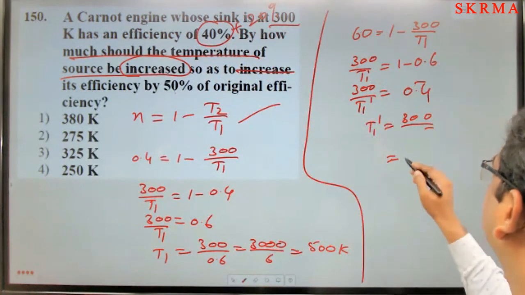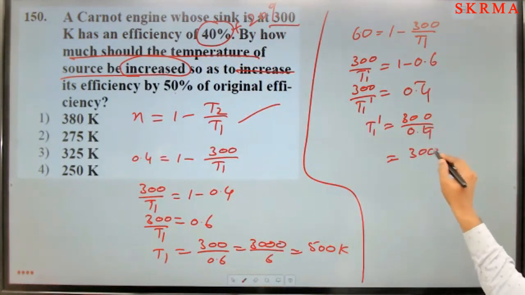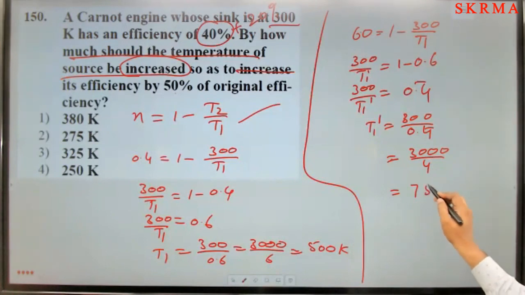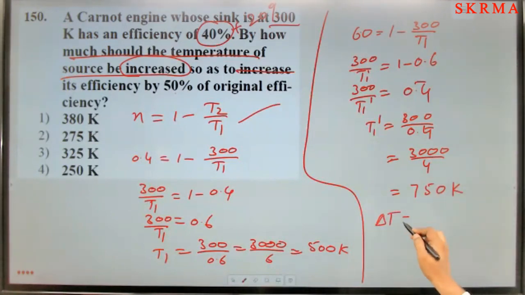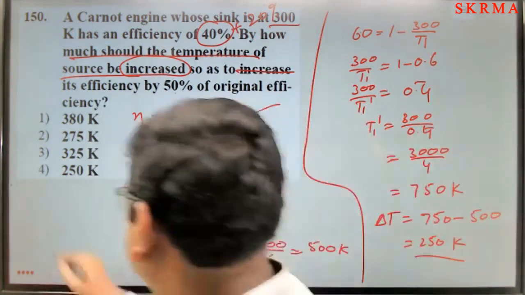So 1 minus 0.6 is 0.4, and 300 by 0.4 means 3000 by 4, that equals 750 Kelvin. Then the increase in temperature is 750 minus 500, that equals 250 Kelvin.